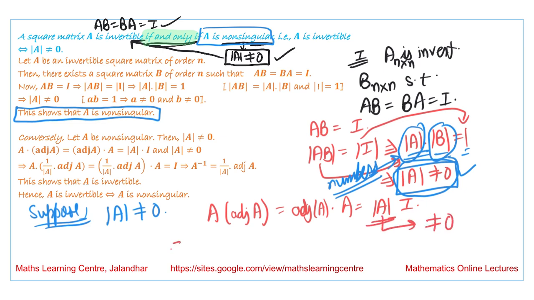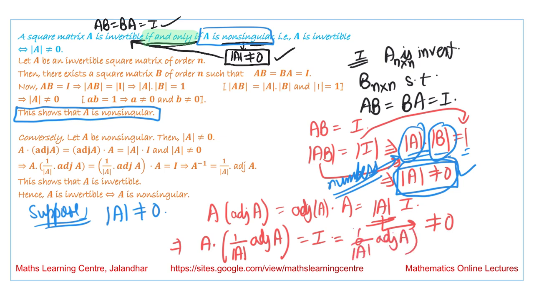So this implies that A into 1 over determinant of A into adjoint A is equal to I, which is equal to 1 over determinant of A into adjoint A into A.